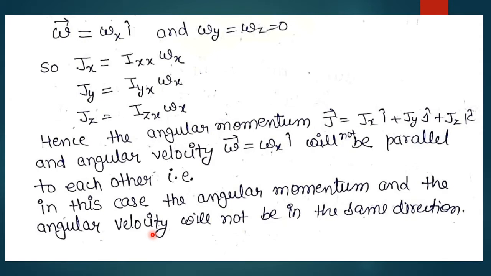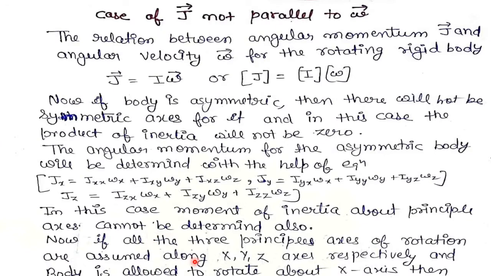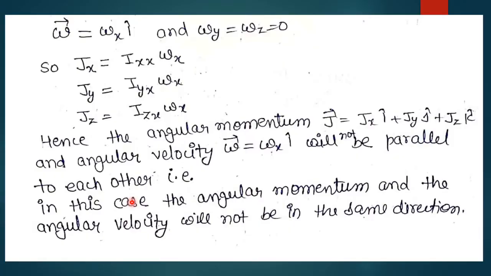So Jx will be Ixx omega x, Jy will be Iyx omega x, and Jz will be Izx omega x. From these equations, only the omega x term is present. Hence, the angular momentum J and angular velocity omega will not be parallel to each other. That is, in this case, the angular momentum and the angular velocity will not be in the same direction.